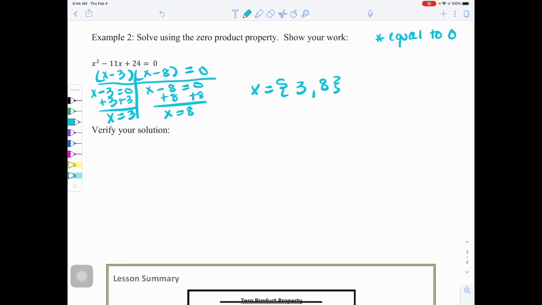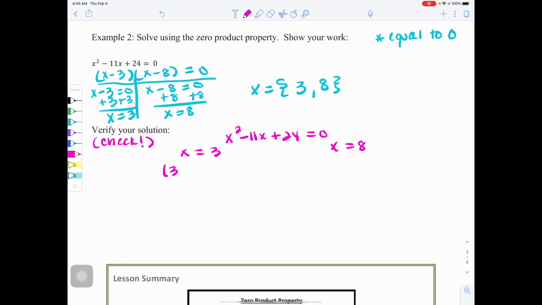Now to verify my solution, remember that just means that we're going to do a check. Now when we're checking, we have two solutions we have to check. So we're going to have to check 3 and 8. So I'll write the equation once at the center. And on this side I will check x equals 3, and on this side I will check x equals 8.